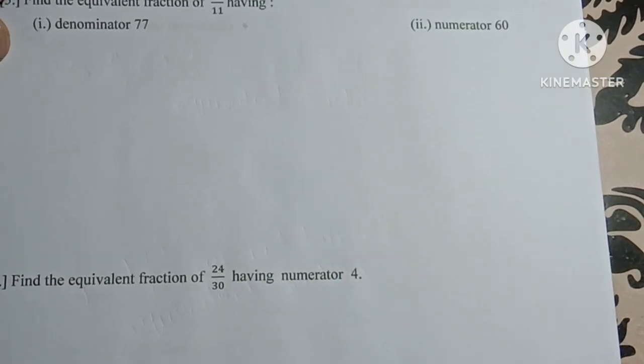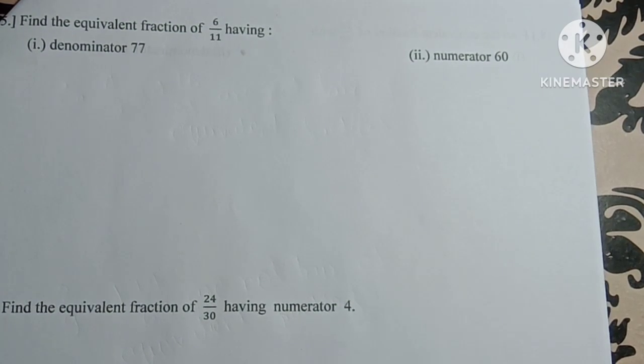Moving forward, same question, the data has changed. Fifth number, we have to find the equivalent fraction of the given fraction 6 by 11. First condition given is that the denominator is 77. It is very easy. You guys have probably learned the table of 11 very quickly, so I am guessing you will have guessed by now by which number we are going to multiply both numerator and denominator.